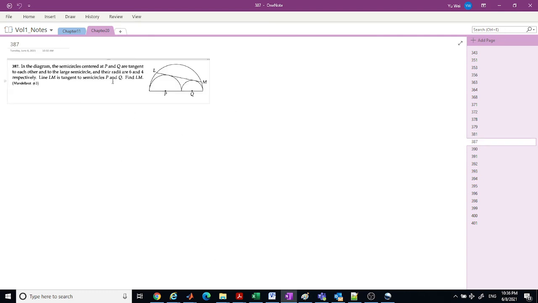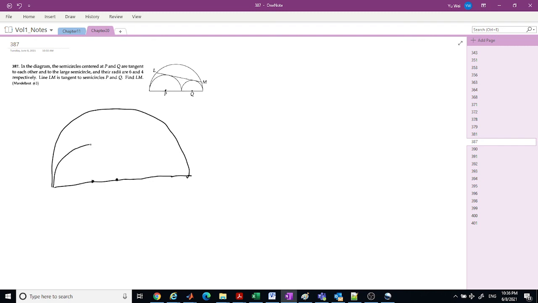Okay, so in the diagram, we have the semicircle centered at P and Q. Let's draw a big picture. We have the semicircle, and the circle P is larger, the circle Q is small.